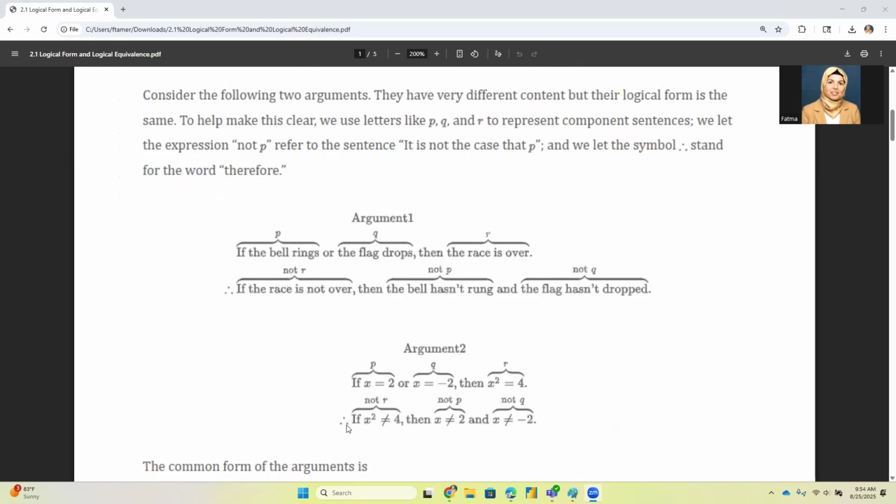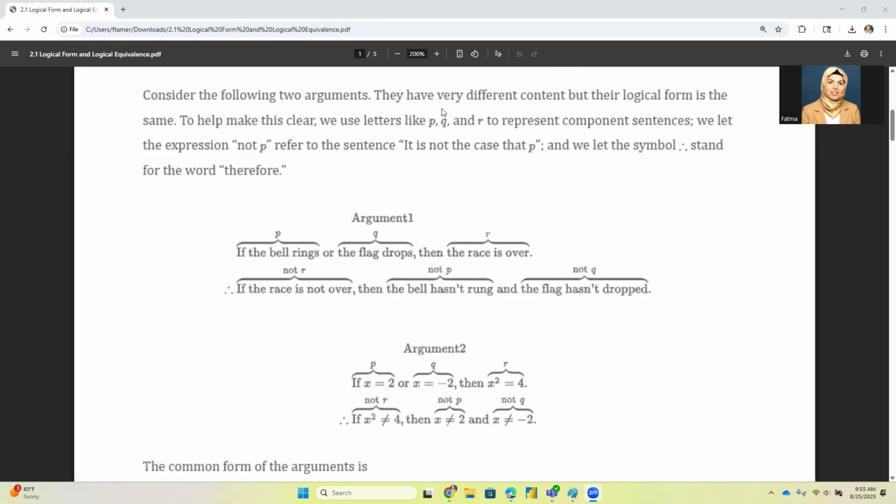When we look at not R, not P, and not Q, we say if x squared is not equal to 4, then x is not equal to 2 and x is not equal to negative 2. So the argument comes in the form P or Q, then R. Therefore, not R, then not P, not Q.